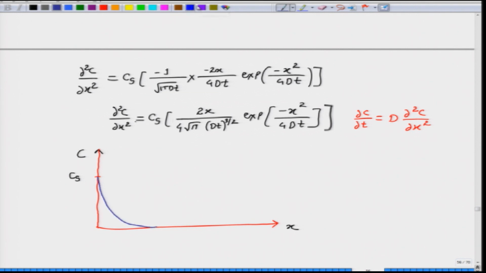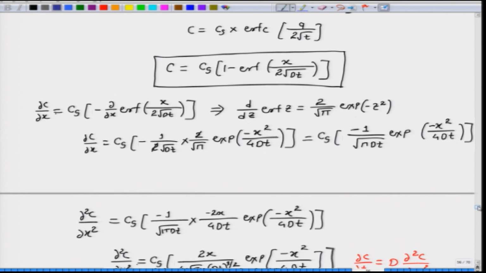If we plot at different times, the concentration at the surface is always constant, and at other x the concentration should increase with time. So, this is how the concentration plots would look.